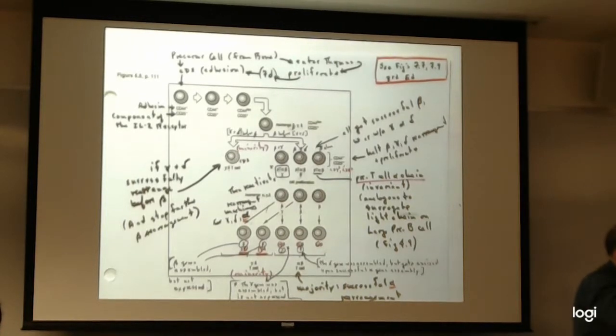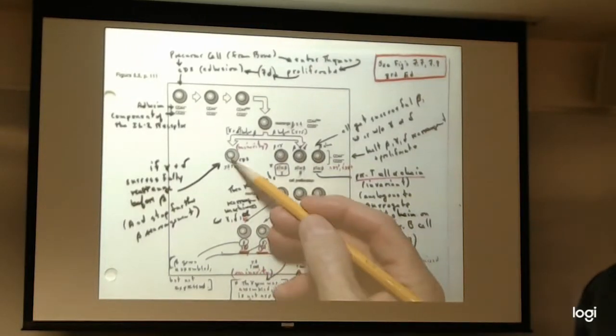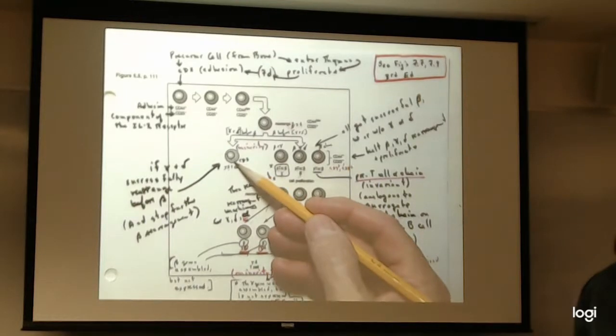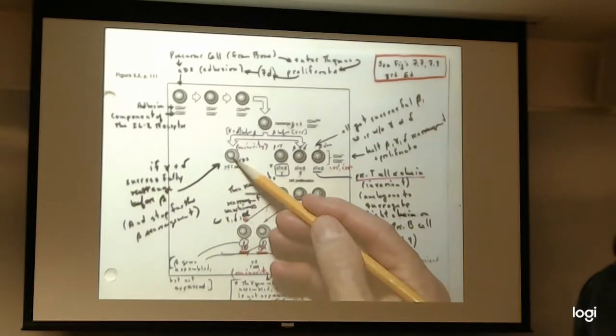But while we're working on that, the gamma delta guys are going at it. And they don't care whether they make the gamma chain first or the delta chain first. They're just trying to do it. So here's a cell which, before it successfully made a beta chain gene, made both the gamma and the delta chain genes.